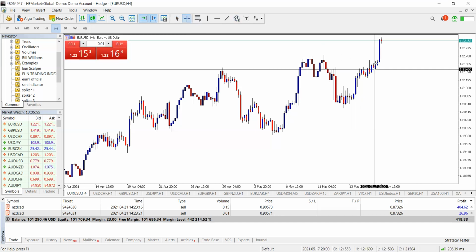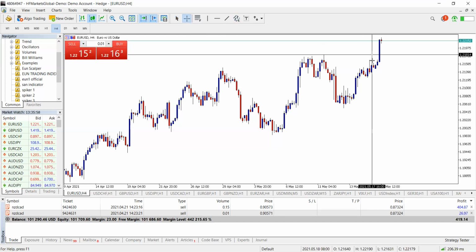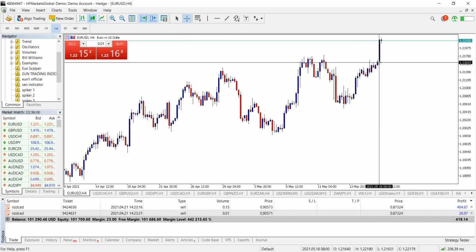If we come to this candlestick, you can see that it was in buy, which means the Euro USD was buying the whole morning. And if we come to this one, the red one, it means that it was selling heavily. So if you press buy when it is selling like this, it will take money from you.